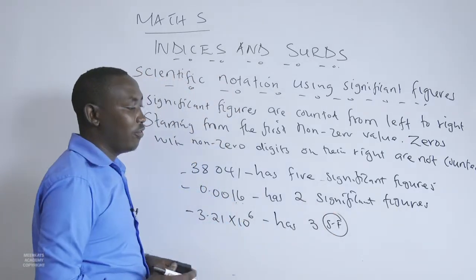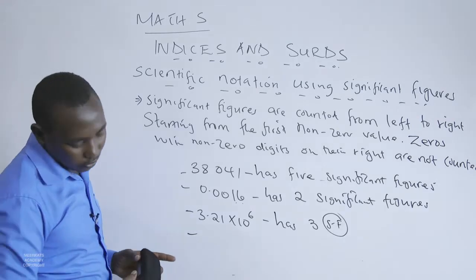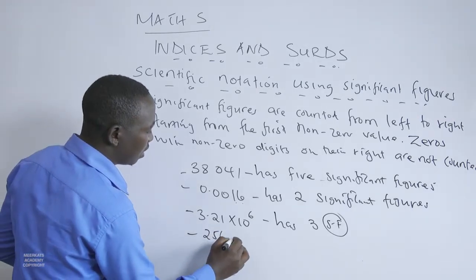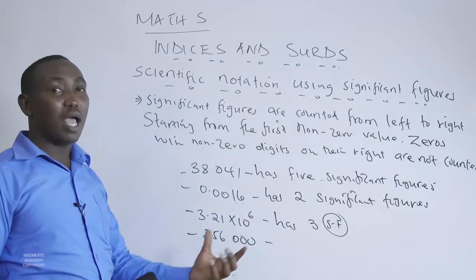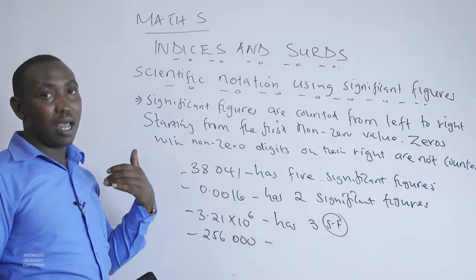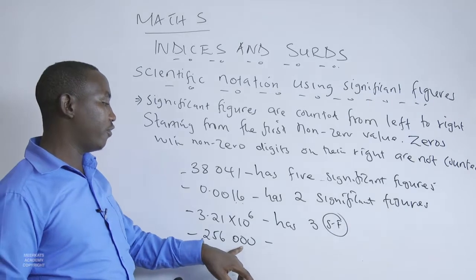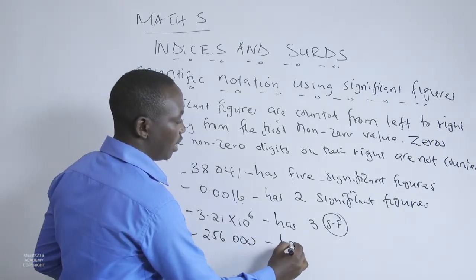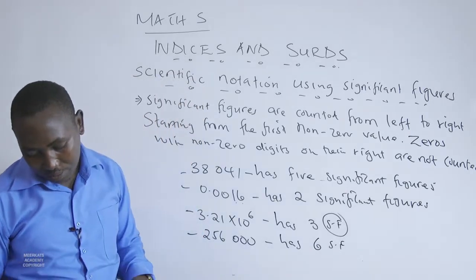Sometimes we write significant figures in short as SF. What if you have 256,000? Then these 3 zeros are going to be significant because they come after a non-zero value, and therefore this has 1, 2, 3, 4, 5, 6 significant figures.